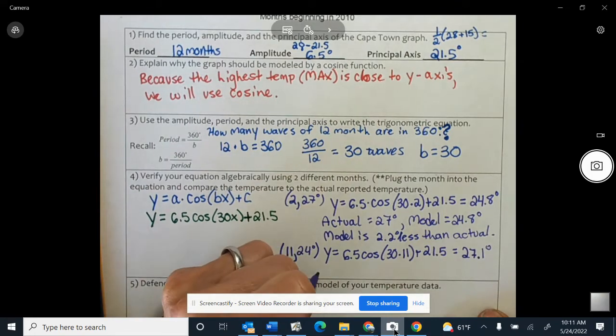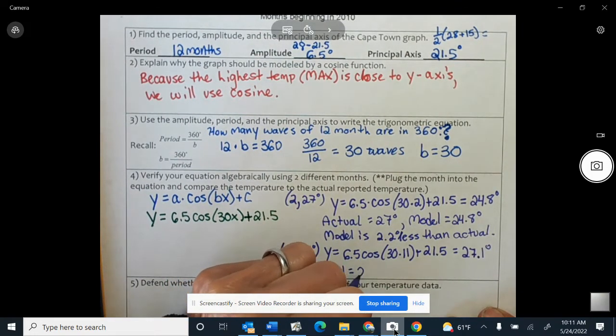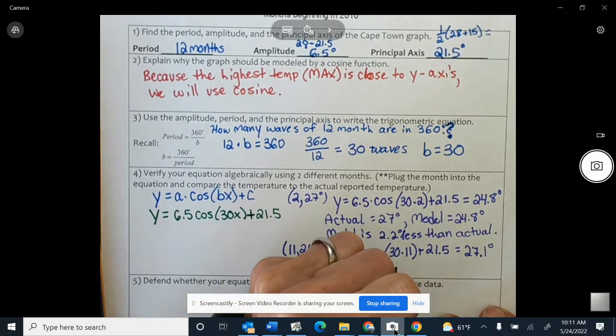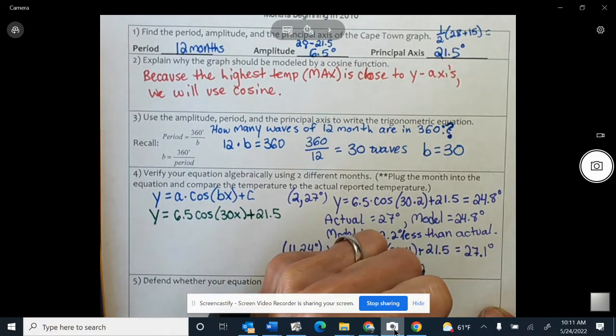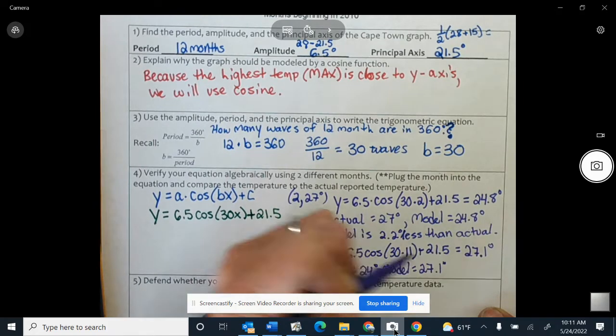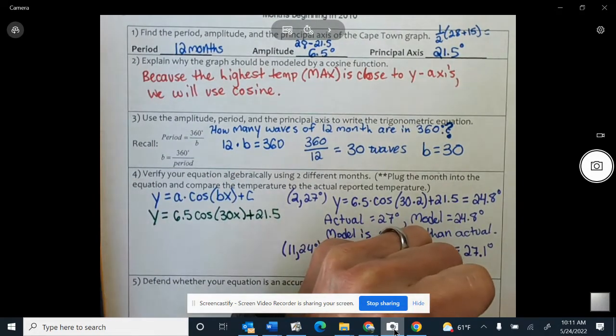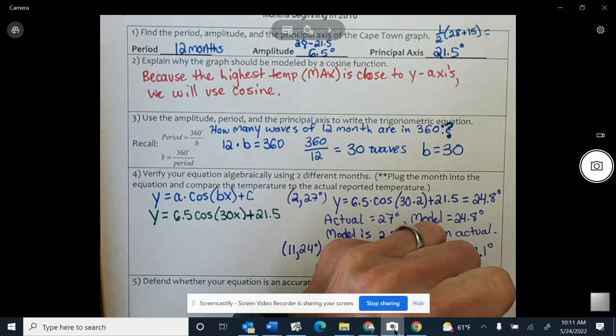So in this case, the actual was 24 degrees, but the model was 27.1 degrees, 3.1 degrees over actual.